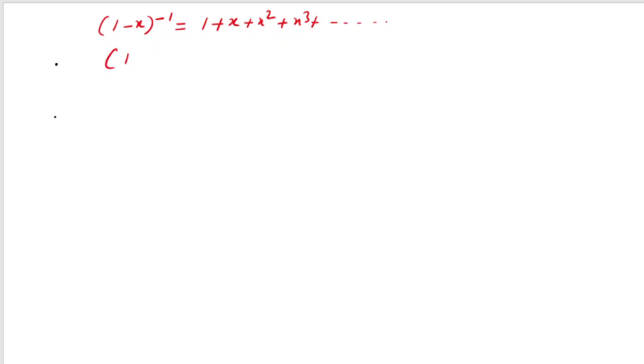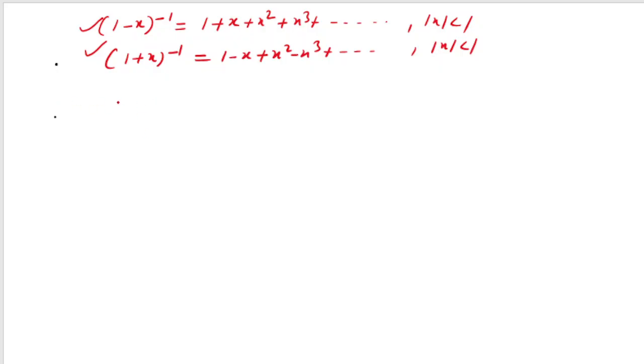And another result that I am going to use is (1 plus x) to the power minus 1. So this is 1 minus x plus x square minus x cube and so on up to infinity. In both these cases, we are assuming that mod of x is less than 1. How do we get this? For that also we can discuss, but that will go beyond our scope. Because I need these two results, I am going to use them.